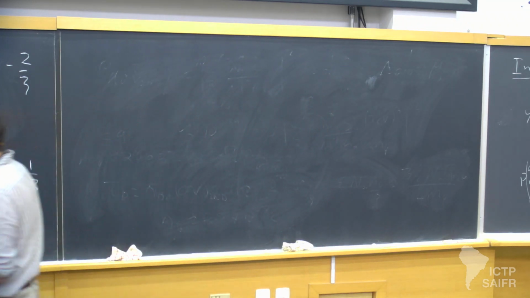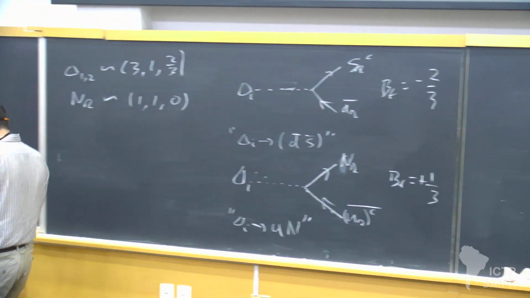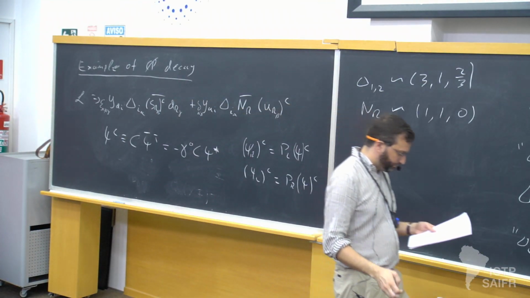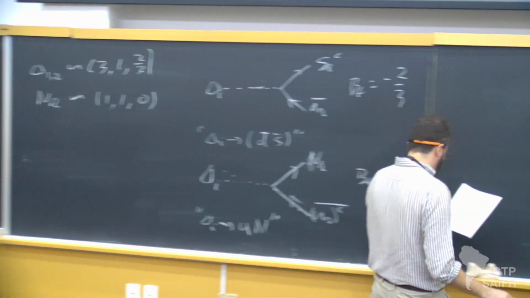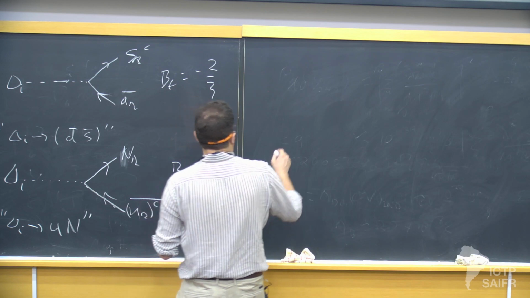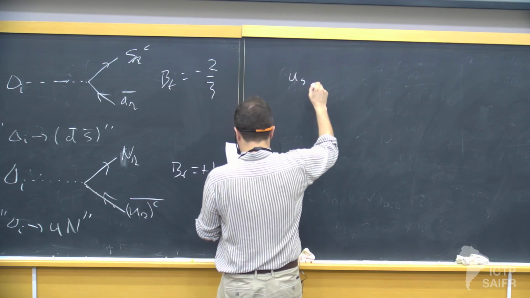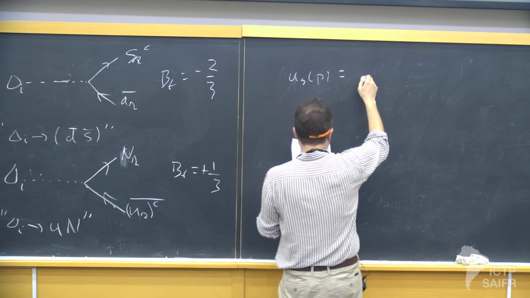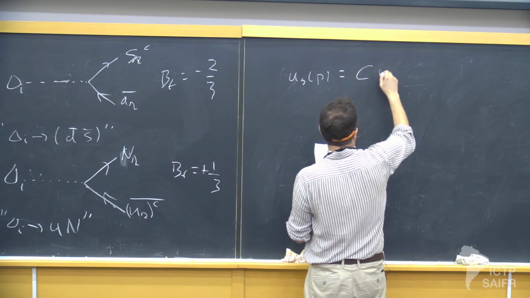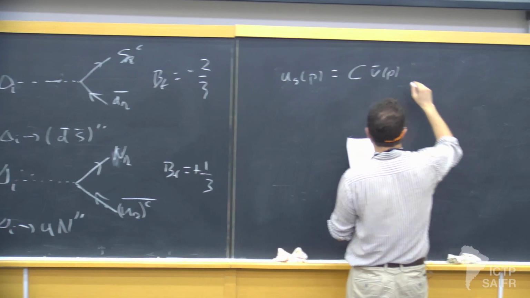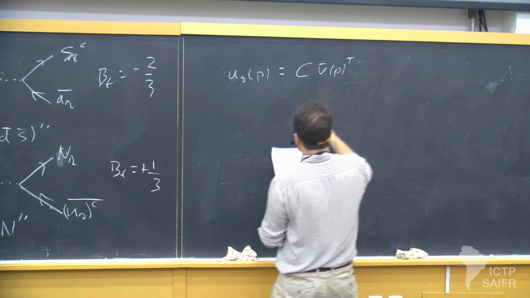So now we want to calculate these tree level decay rates. To do that, we can use a trick. The spinors are related in the following way. So we're just going to use the usual 4-component techniques, yeah?